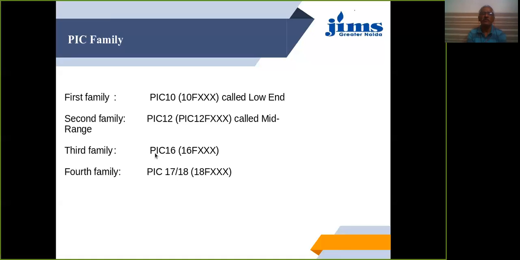So there are 4 PIC families depending upon the series the controller belongs to. PIC10 is the first family, PIC12 is the second family, or mid-range family, PIC16 belongs to the third family, and PIC17 and PIC18 belong to the fourth family.